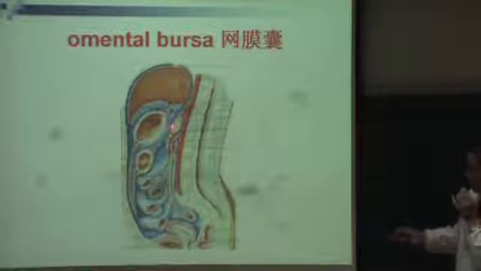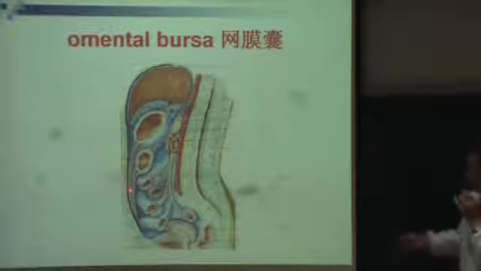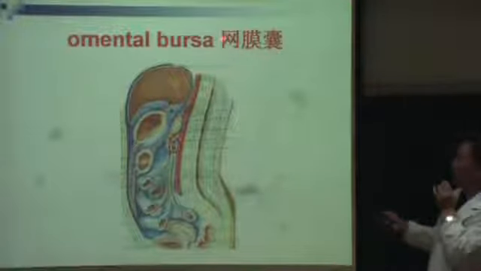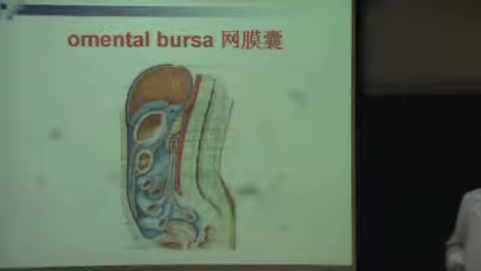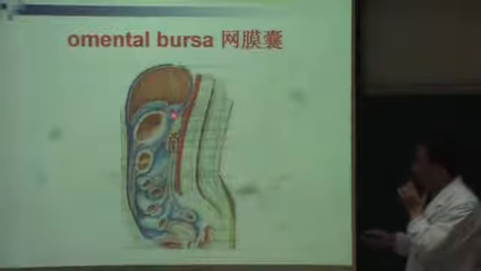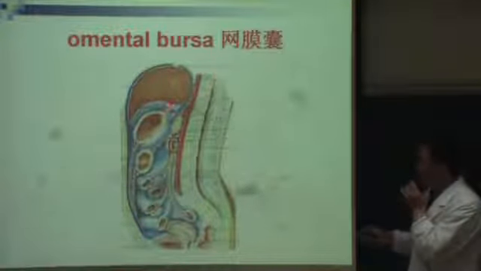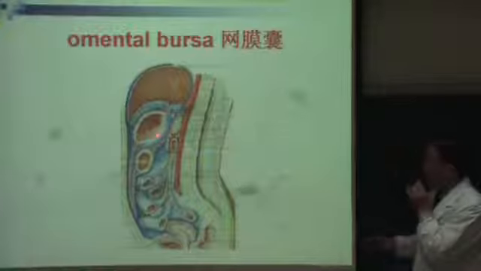This region, and this region, this is the omental bursa. There is an opening, a foramen, that can enter this bursa.